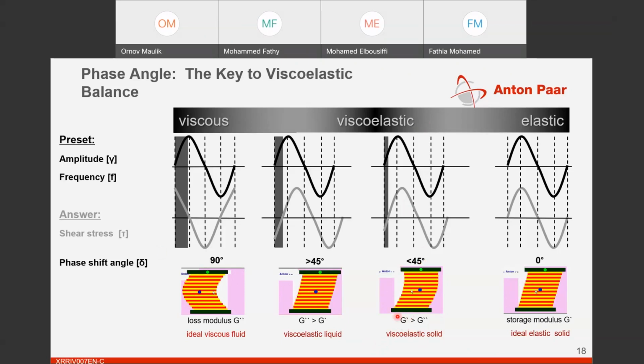Here I would find my G prime, the elastic property, is dominant over the viscous property. In case of a perfectly elastic material, my phase shift angle would be 0 degrees. On this sinusoidal waveform, I don't have any phase lag between input and output signals. These types of materials are known as ideally elastic solids.